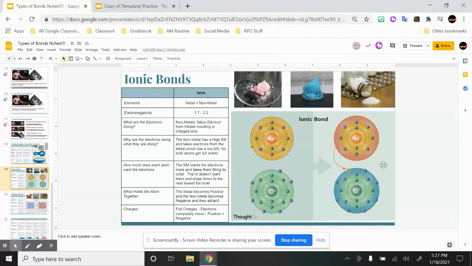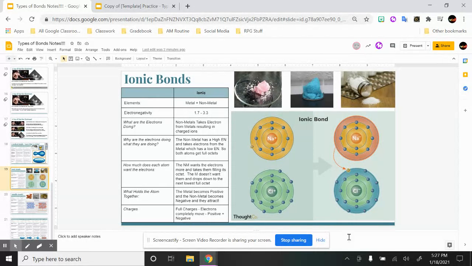But if we look at their outer rings now, the nonmetal has gained 1, it has 8. And when that metal lost 1, it dropped down to its next lowest ring, and it has 8 there as well. So what's really nice about this interaction is they both still end up with 8. It's just the nonmetal fills up to get 8, and the metal drops down to get 8.